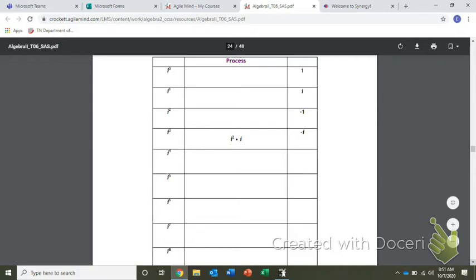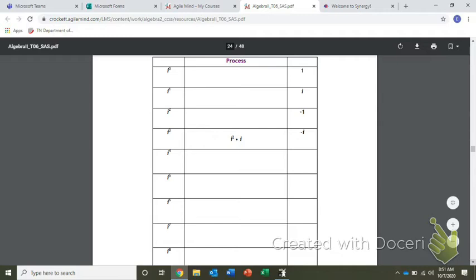Anything to the 0 power is what? One. Anything. Type in a crazy number on your calculator and raise it to the 0 power. What do you get? 1.